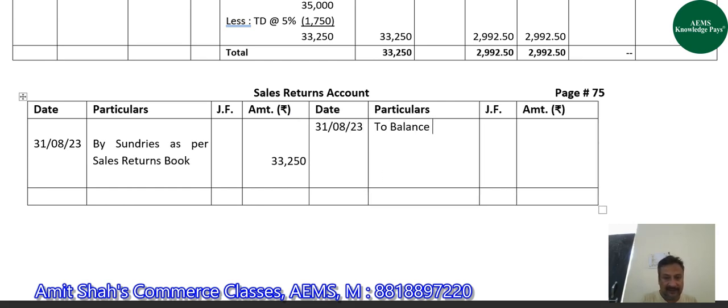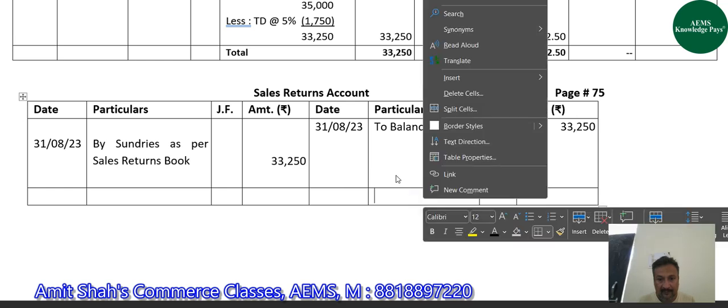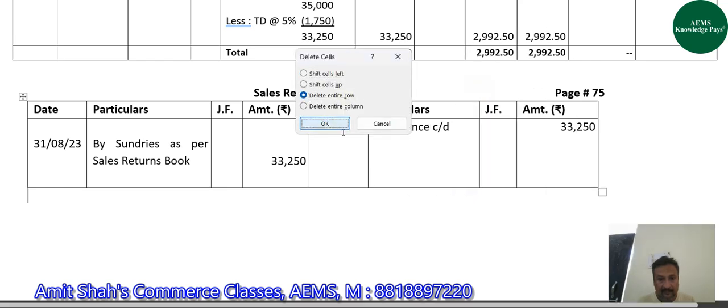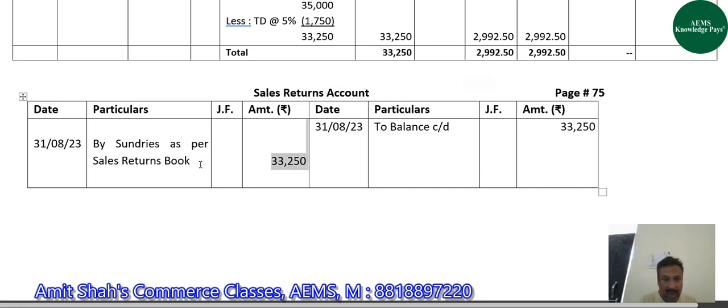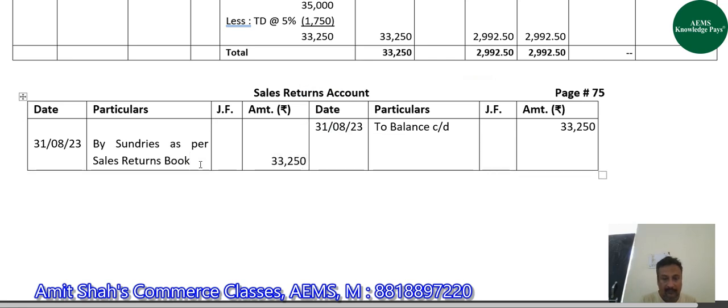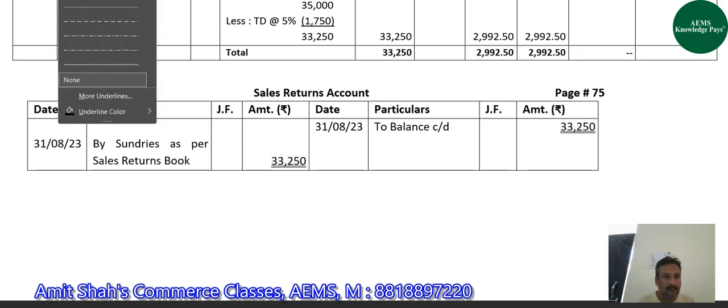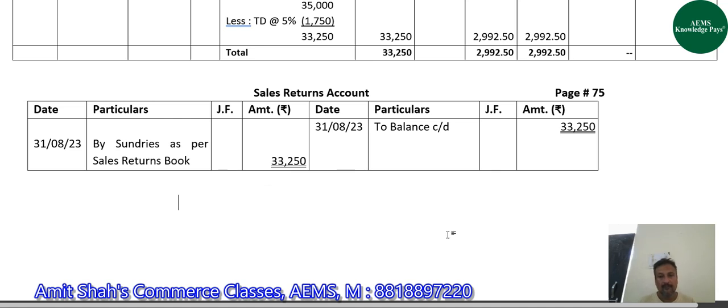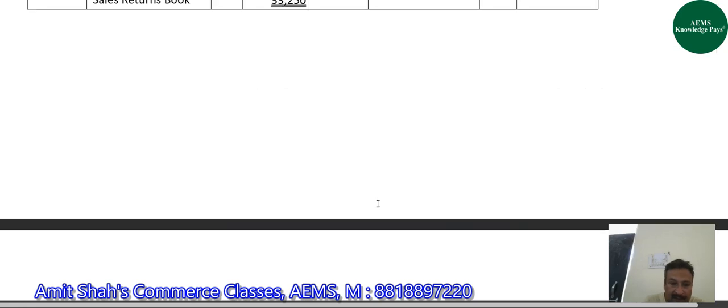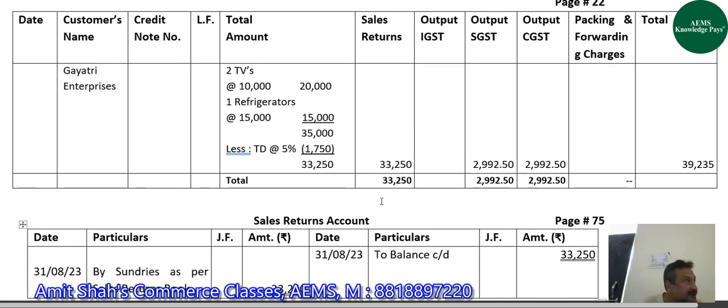This will have debit balance of 33,250. Done guys, all right, with sales return account also.